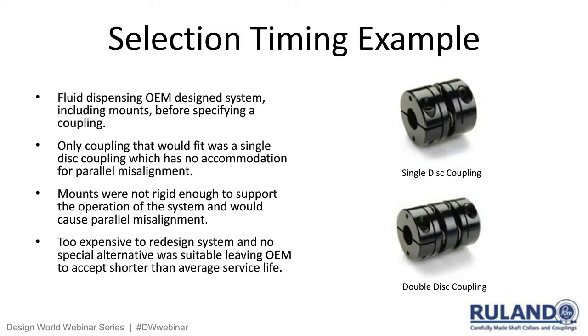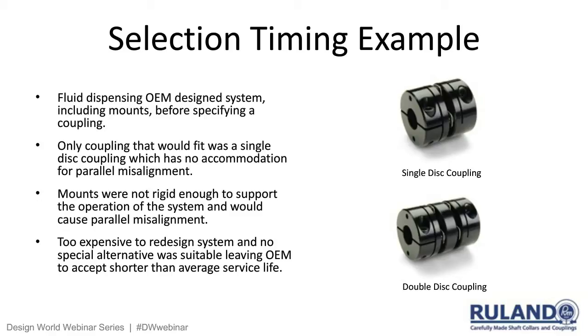Selection timing example. So a fluid dispensing OEM designed a system, including mounts, before specifying a coupling. The only coupling that would fit was a single disc coupling, which has no accommodation for parallel misalignment. Mounts are not rigid enough to support the operation of the system and would cause parallel misalignment. Too expensive to redesign the system, and no special alternative was suitable, leaving the OEM to accept shorter than average service life.